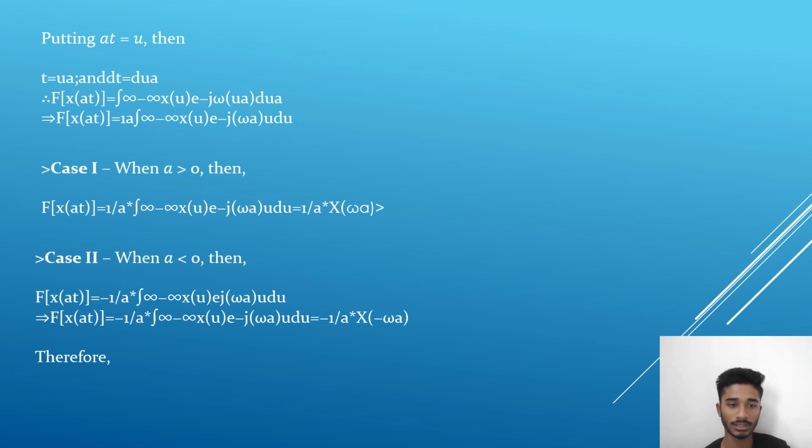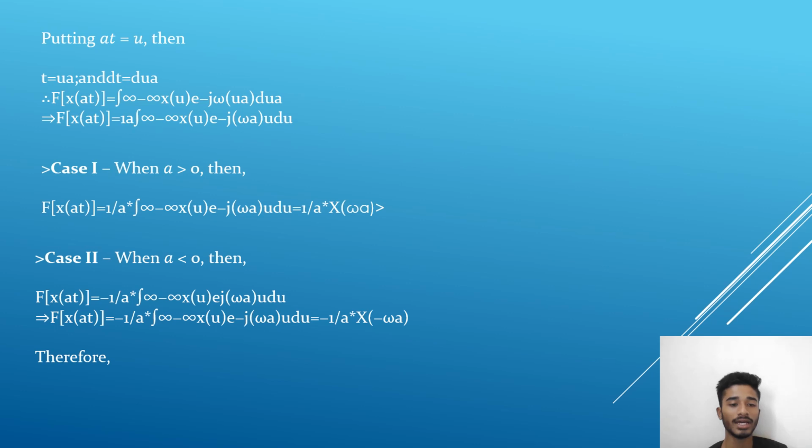So we have two cases over here. Case 1, when a is greater than 0, the Fourier transform of x of at becomes 1 by a into integration from minus infinity to infinity of x of u into e power minus j omega by a u du, which further gives 1 by a into X of omega by a.